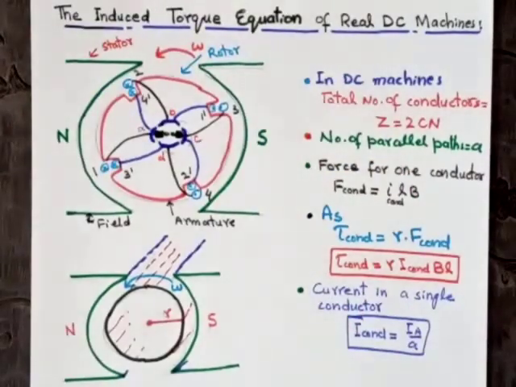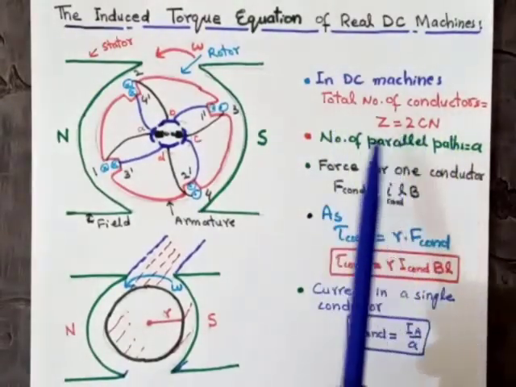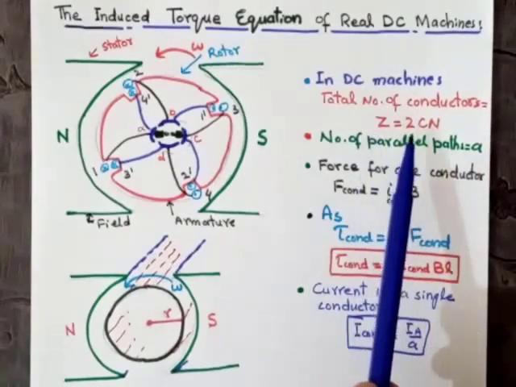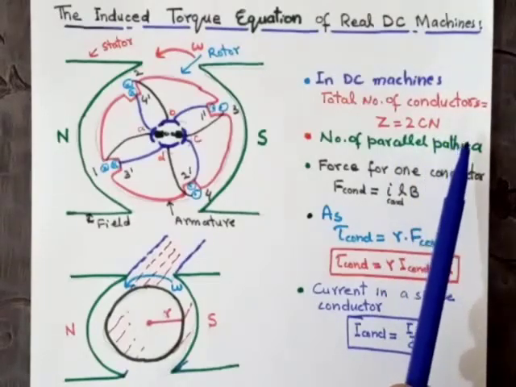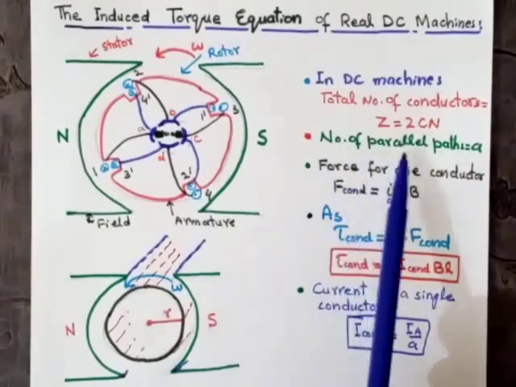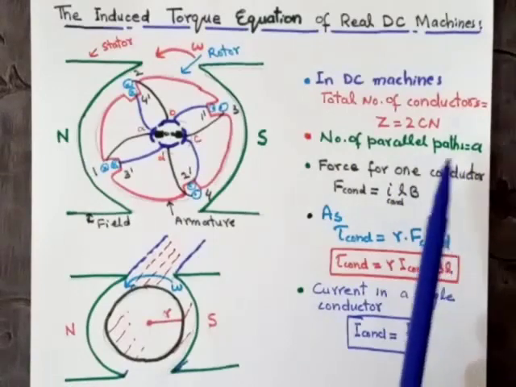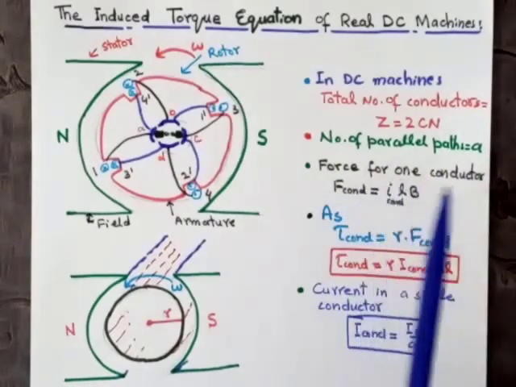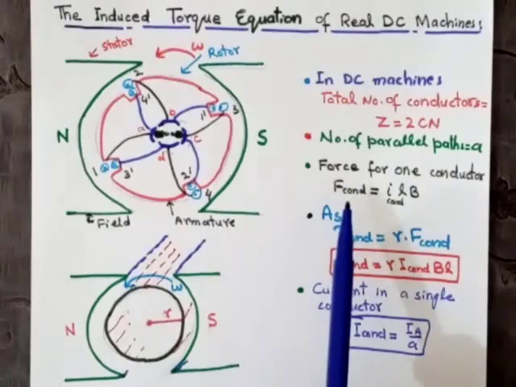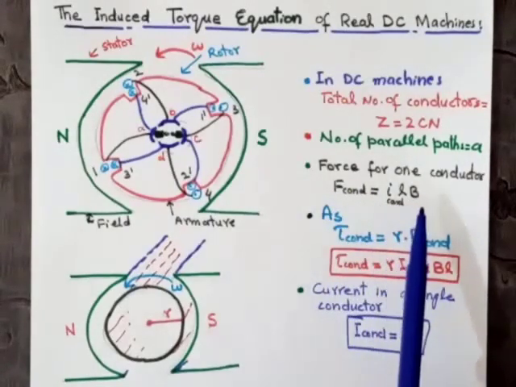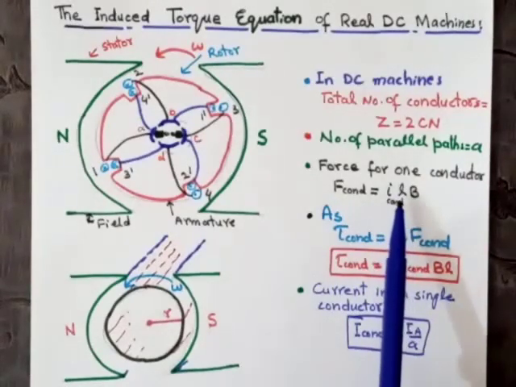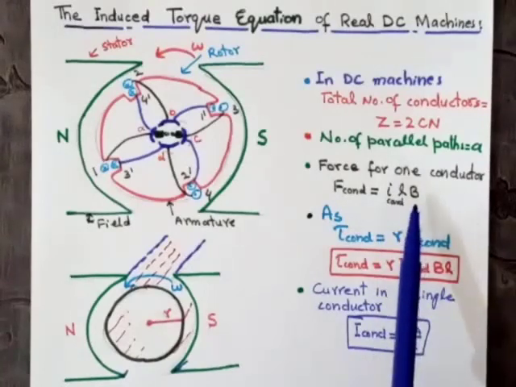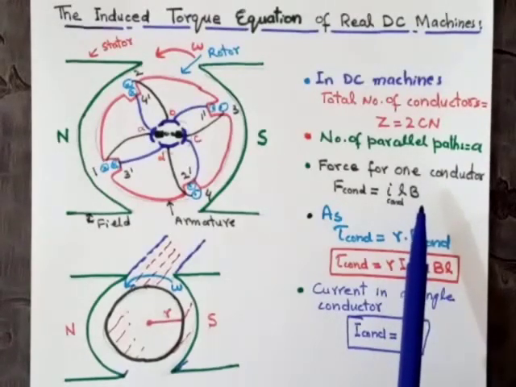As in DC machines, there are a number of conductors. The formula for the total number of conductors is Z equal to 2CN, where C is the number of coils and N is the number of turns. And the number of parallel paths is equal to A. As we know, the force across a single conductor is F equal to ILB, where I is the current across the single conductor, L is the length of the conductor, and B is the magnetic field.